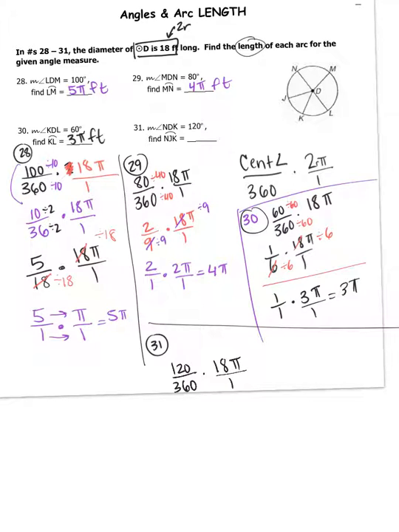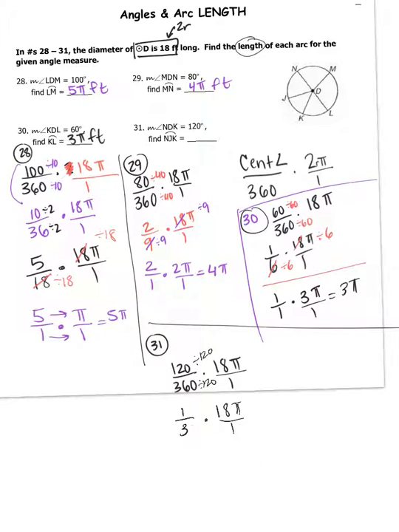I look to reduce. Well, I know that 12 can go into both of these numbers, so I believe that 120 will work. Yep, if I divide both the top and the bottom by 120, I get a 1 on the top and a 3 on the bottom, times 18 pi over 1.